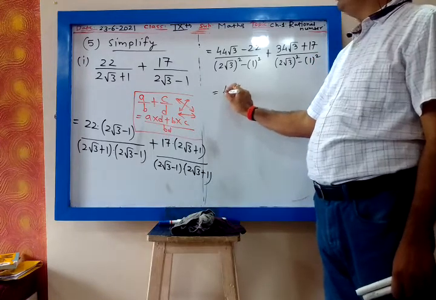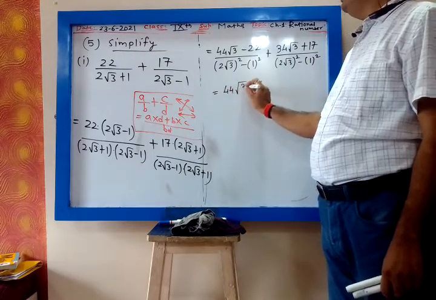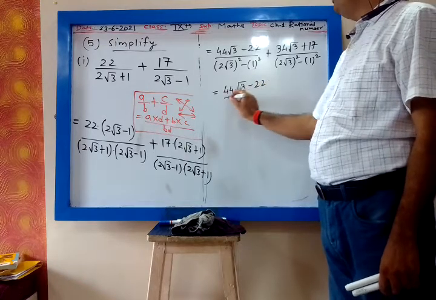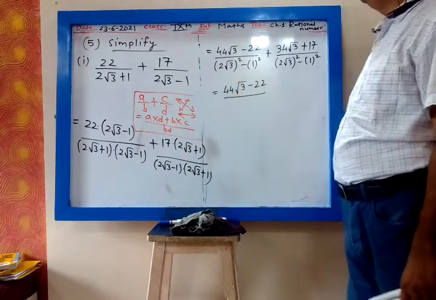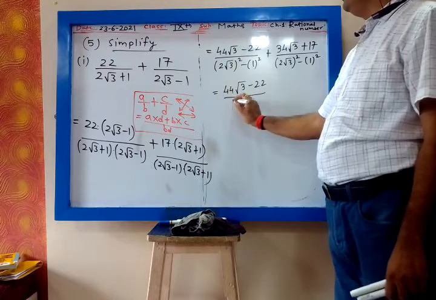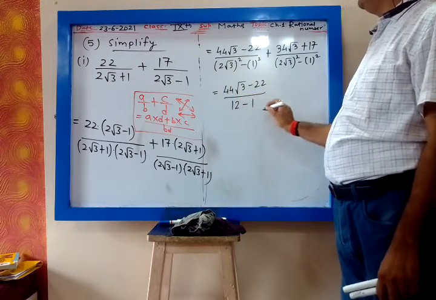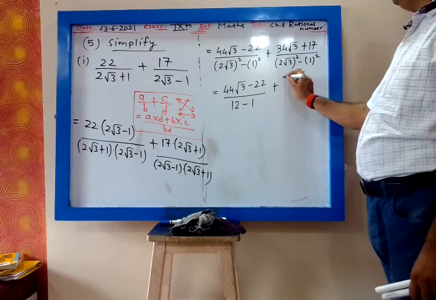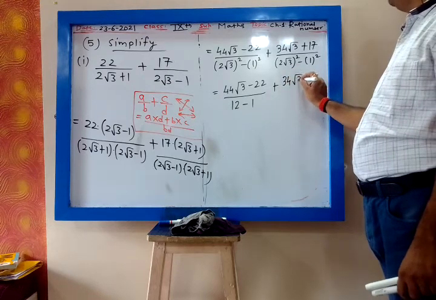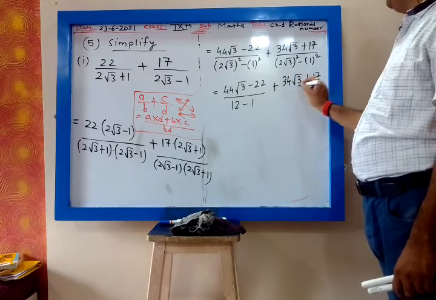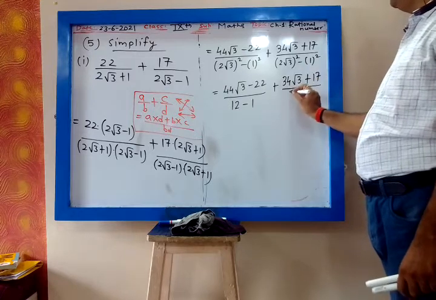So 44 root 3 minus 22 upon 2 root 3 square is how much? 4, 4 3 is 12 minus 1, plus 34 root 3 plus 17 upon 4, 12 minus 1.